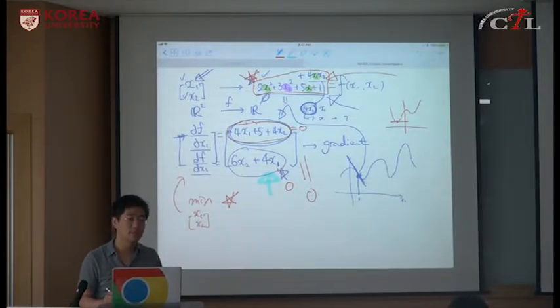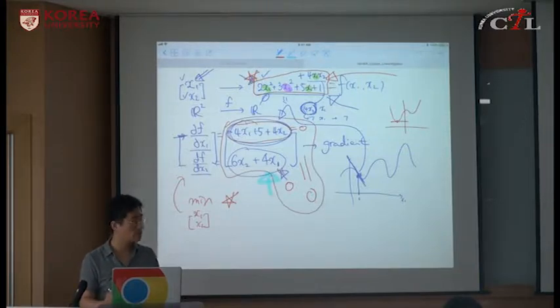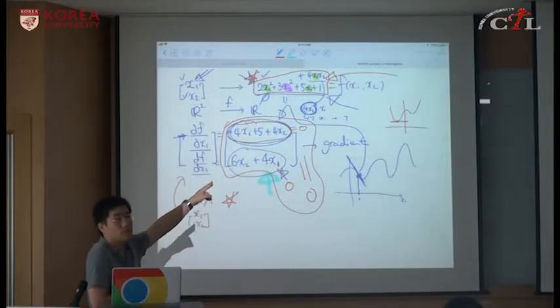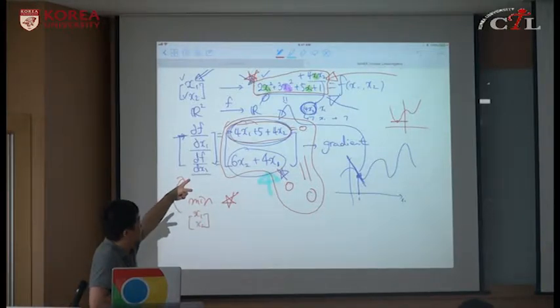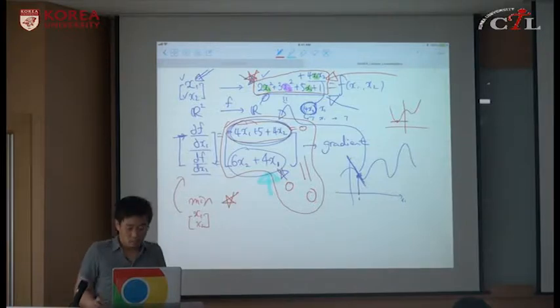Minimizing this function turns out to be the problem of solving a set of equations. The first partial derivative should be 0, and the second one should also be 0, and that way we obtain multiple equations. So we want to find x1 and x2 that satisfy both equations. So far so good, right?